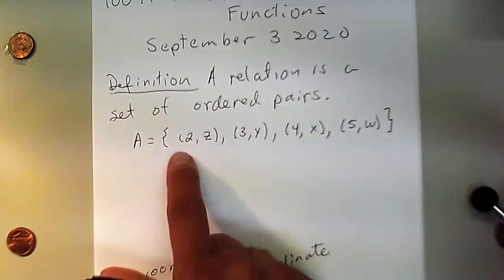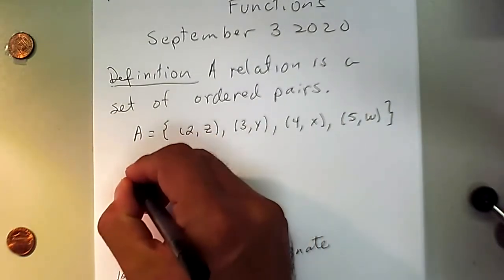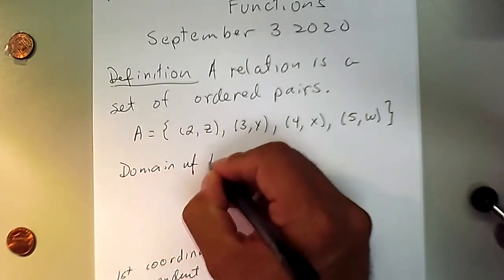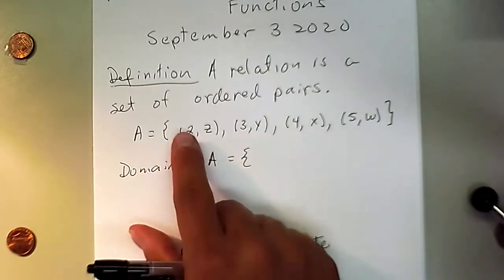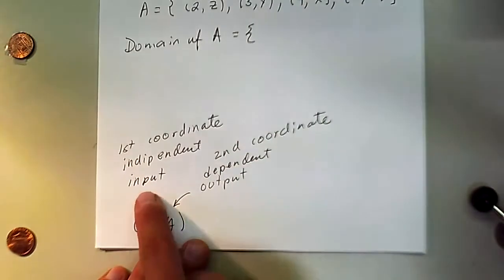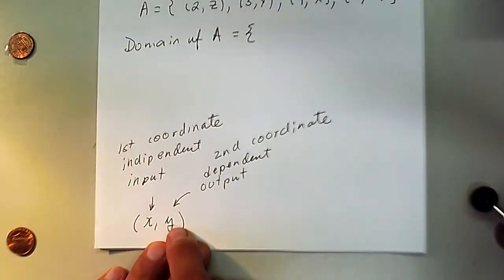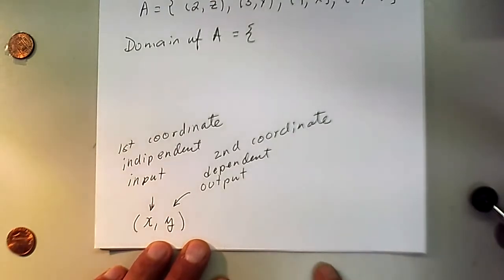All right, now going back to domain. The domain of a relation, say A, is the set of all the inputs. That's why we need to establish the name for the parts of a pair, because otherwise I have to go back and refer to the first of the two numbers of the pairs.